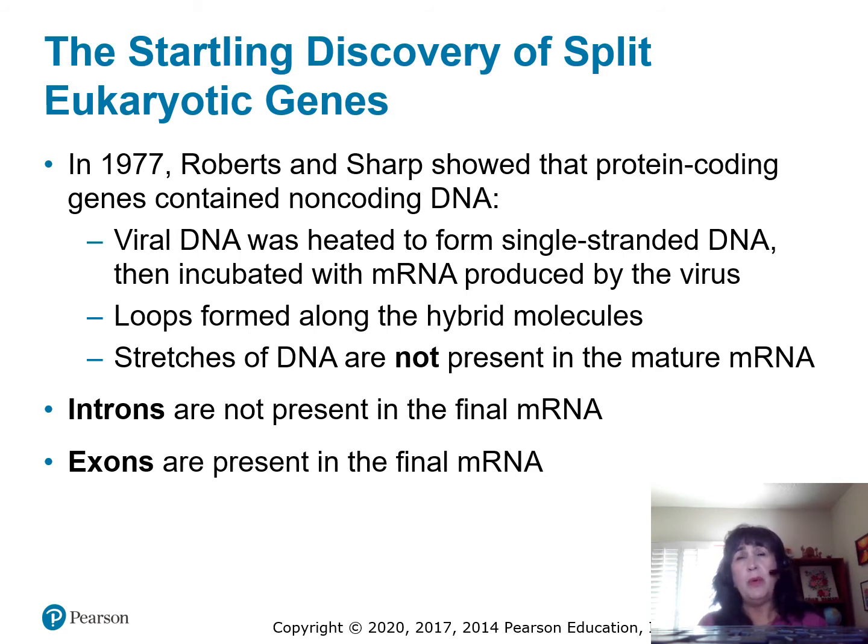The way that they found this is when they looked at a mature piece of messenger RNA, they found that it was much, much shorter than the original strand of DNA, and that there were loops. These loops were excluded, so there were many stretches of DNA not present in the mature version of messenger RNA, and this is how we know that there are non-coding regions of DNA.